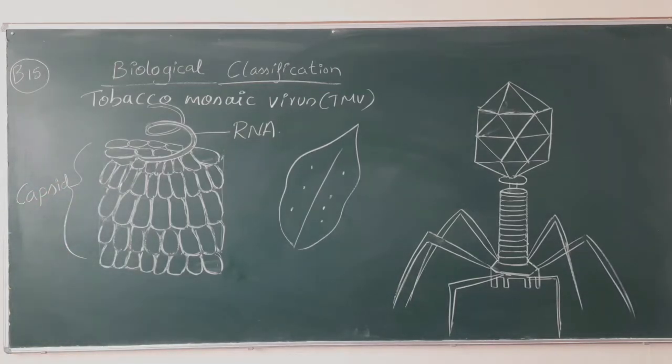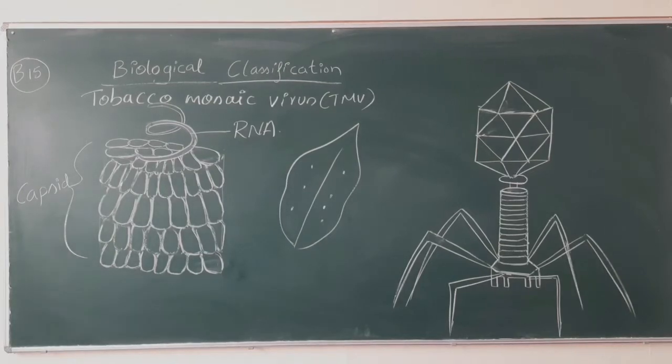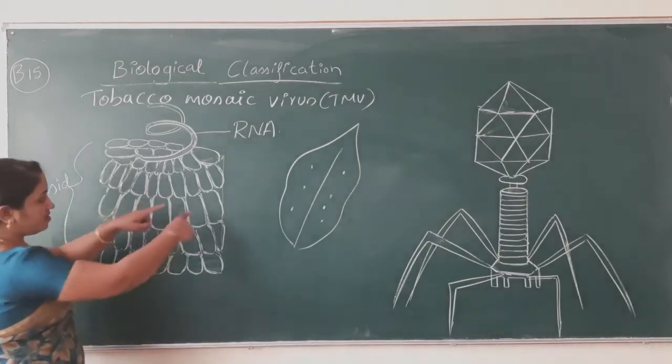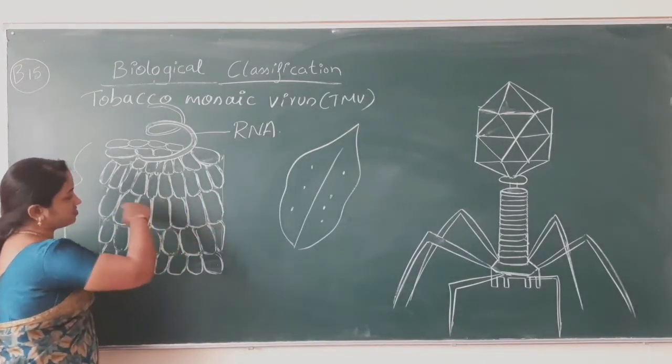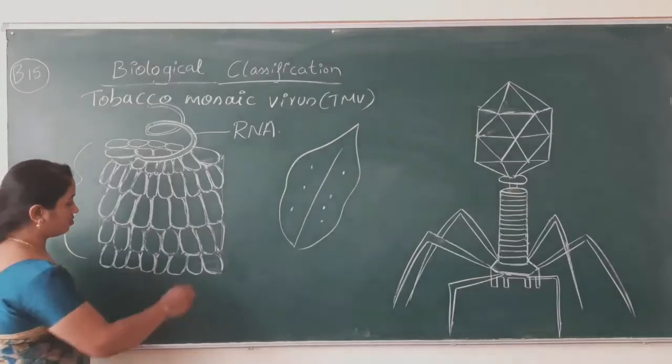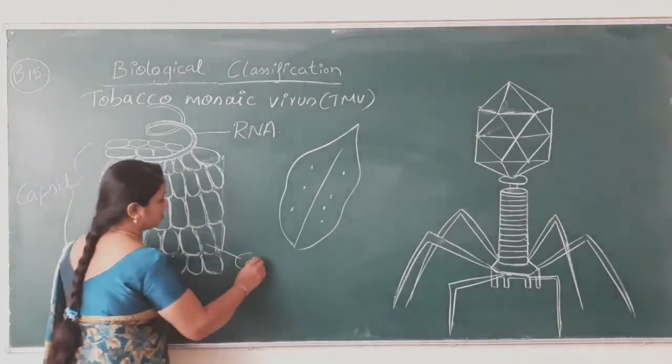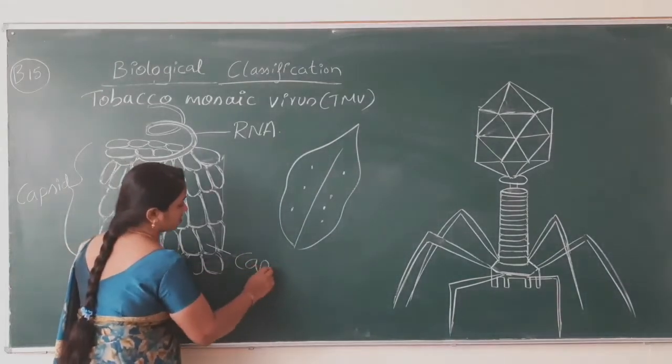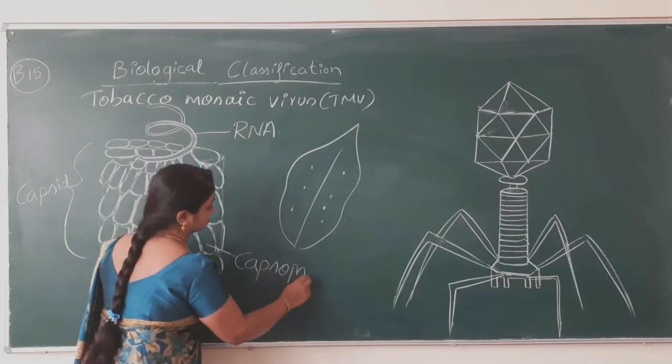The nucleic acid is protected by a protein coat known as the capsid, and this capsid is made of a number of subunits known as capsomeres.